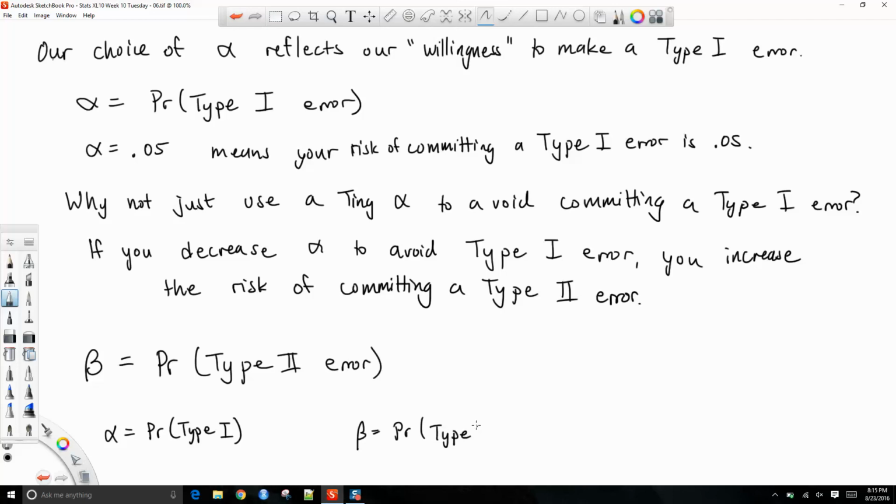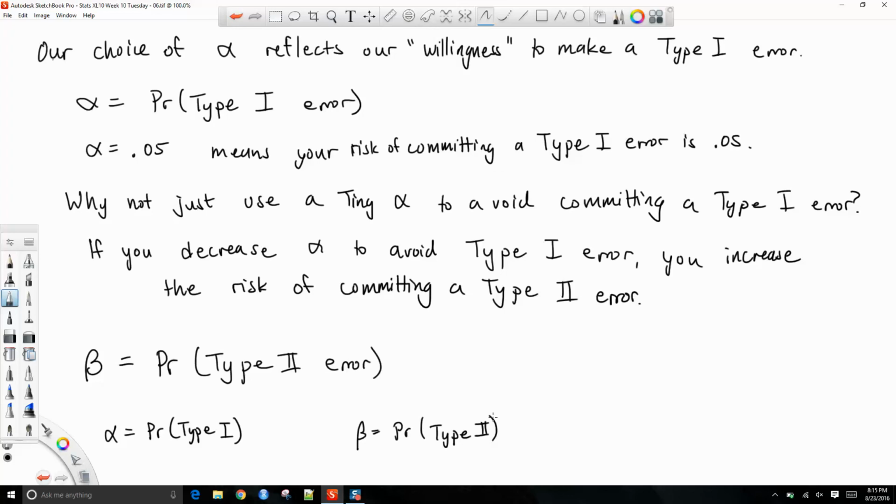The first letter of the alphabet is A, the second is B. That's actually where we get the word alphabet from, alpha and beta stuck together. So that's what we have, type 1 error and type 2 error.